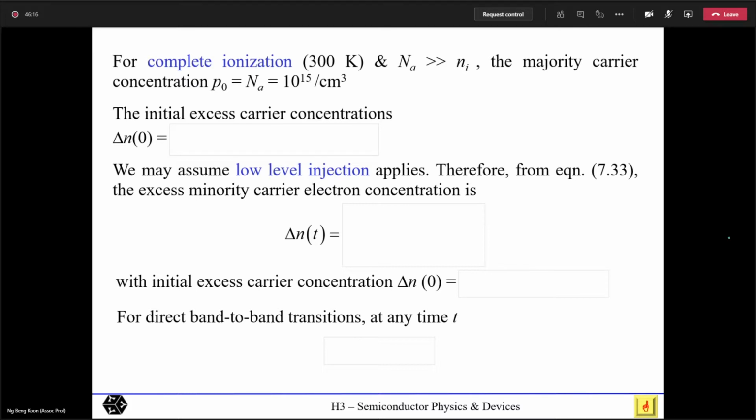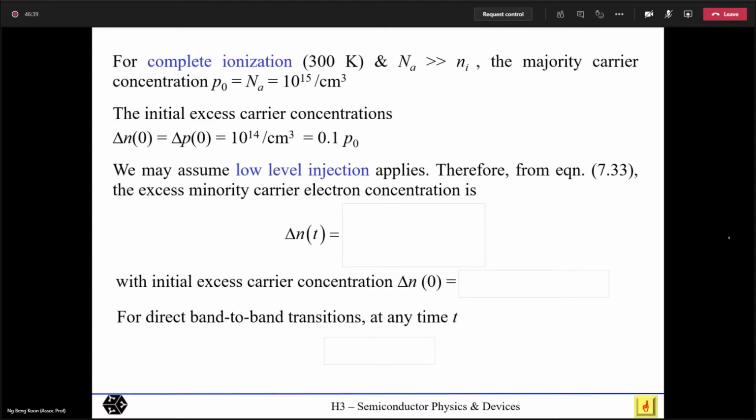And the initial excess carrier concentration as given in the question is 10 to the power of 14, which is 0.1 times that of P0. So the excess carrier compared to the majority carrier concentration is 10 times lower, and we can treat this as a low-level injection.